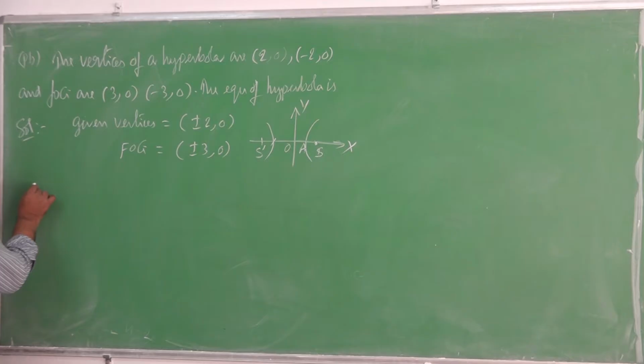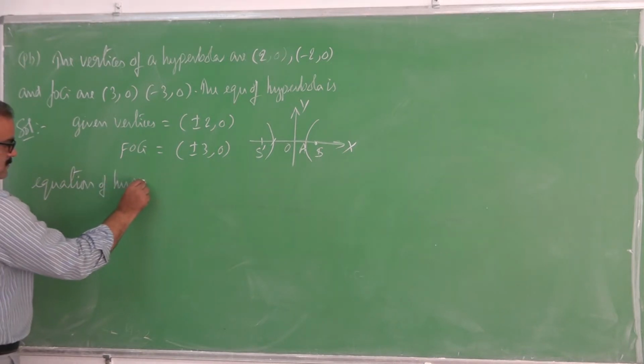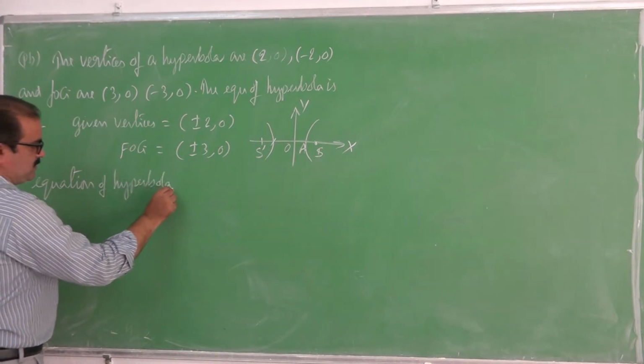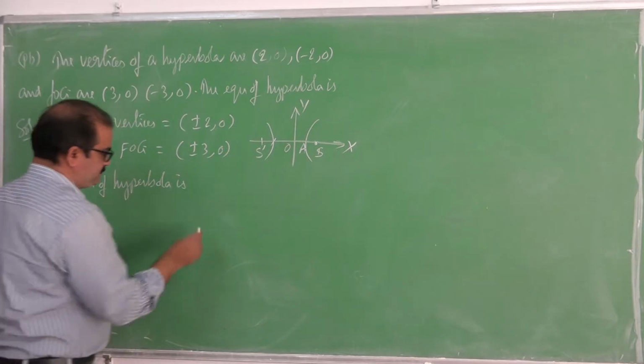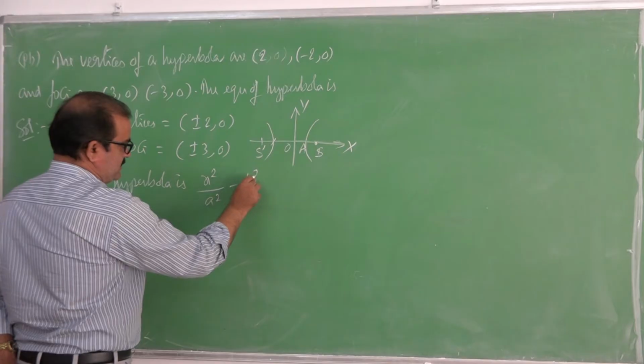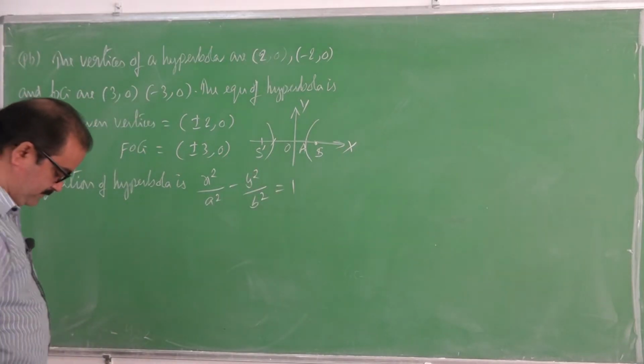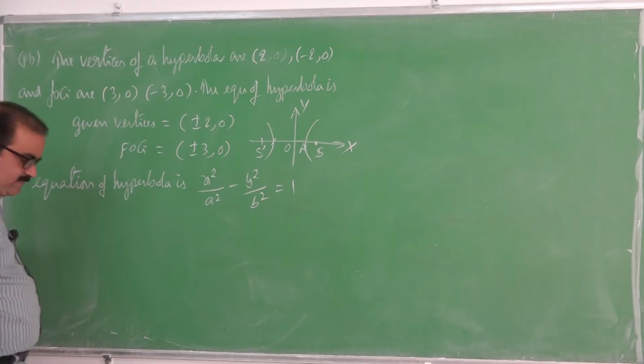Then equation of hyperbola is x square by a square minus y square by b square is equal to 1. That is the equation of the hyperbola.